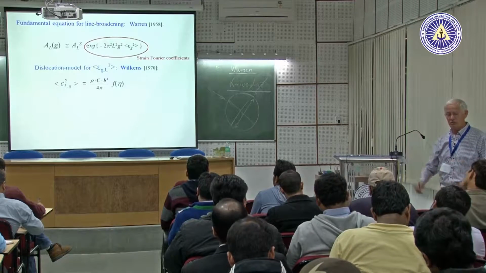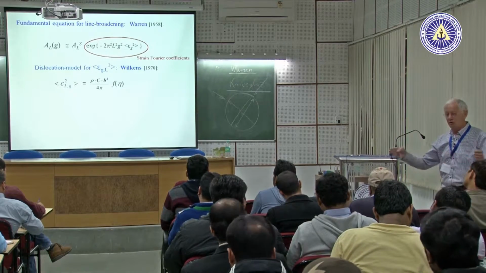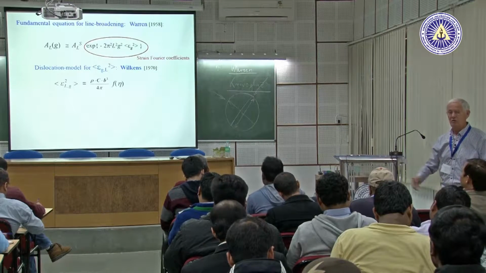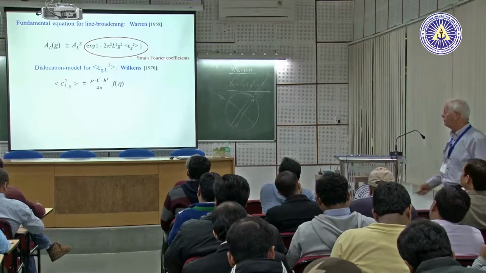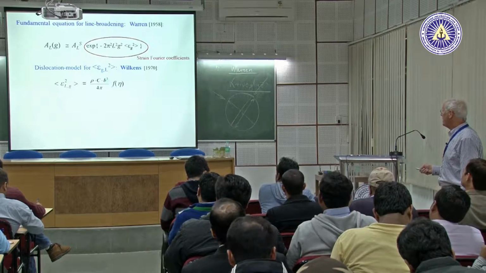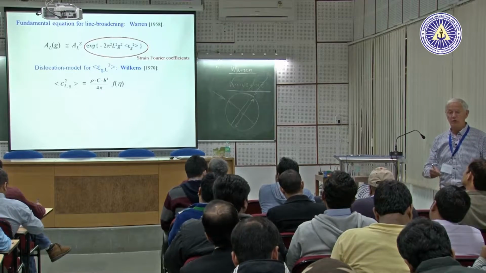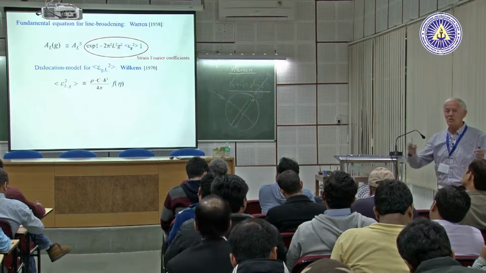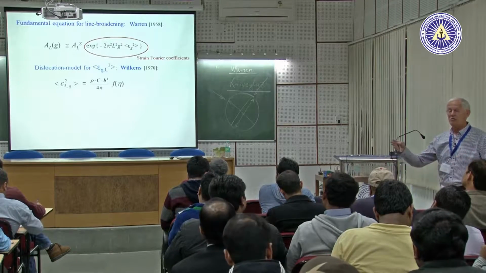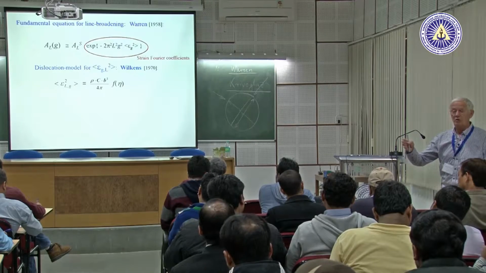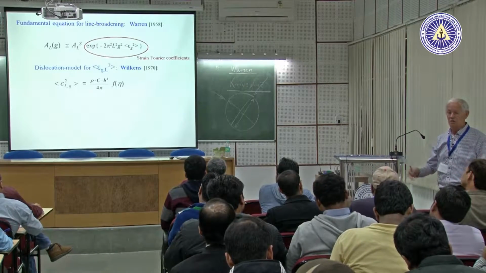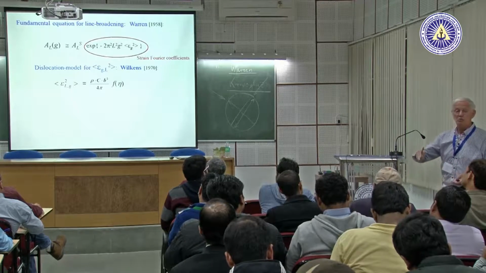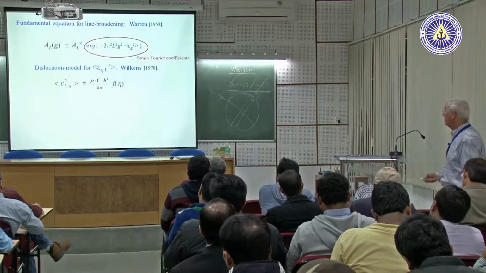More dislocations, you will have more mean square strain, more line broadening, strain broadening. Burgers vector, if the Burgers vector of a dislocation is larger, then the atomic displacements will be larger. Okay? It is proportional to the square of the Burgers vector.